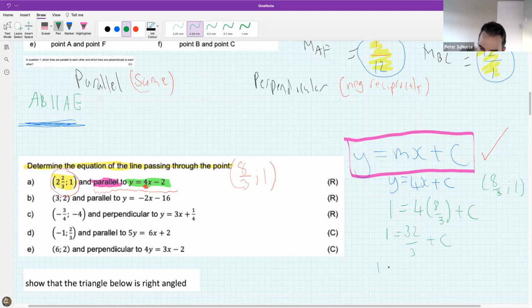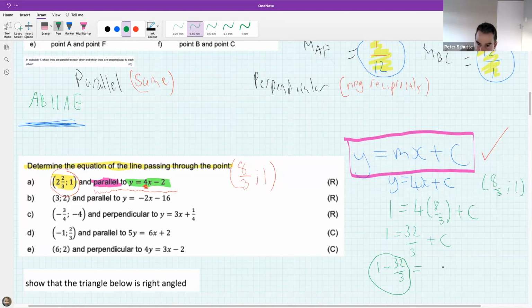And then I need someone with a calculator to help me and see what you get. What is 1 minus 32/3 going to be equal to? So be careful here. It's 1 minus 32/3. Let's see if you get that for c.